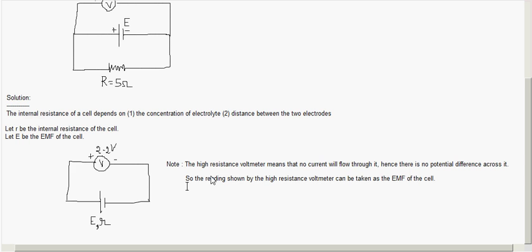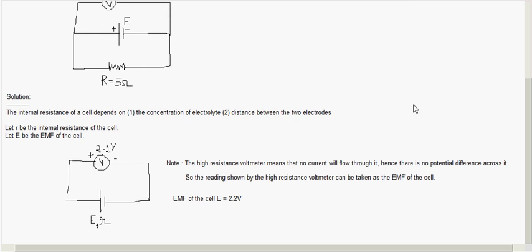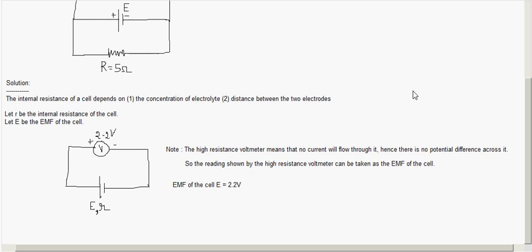So therefore, the EMF of the cell E is equal to 2.2 volt. Now we have the potential difference across the cell as equal to 1.8 volt.